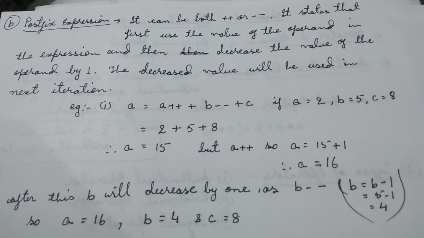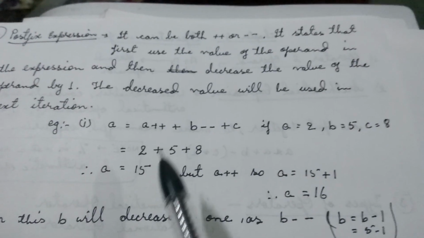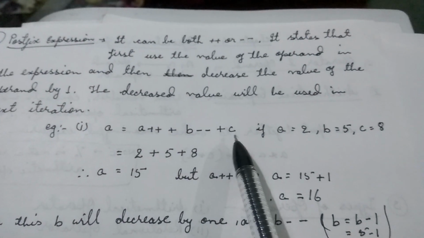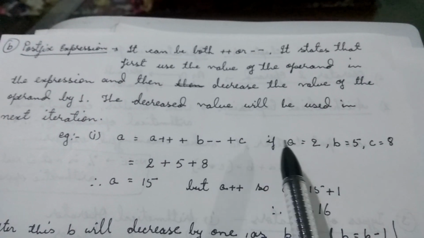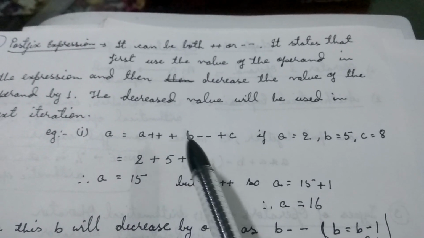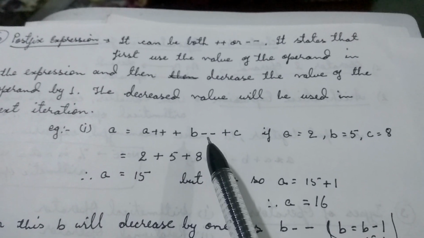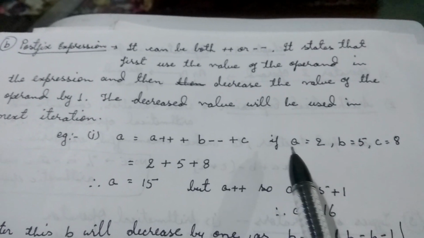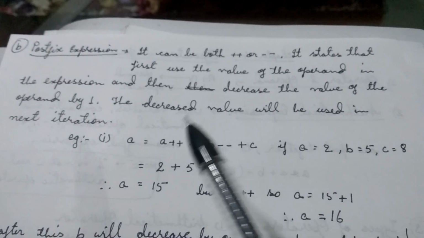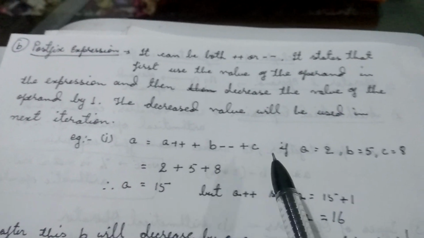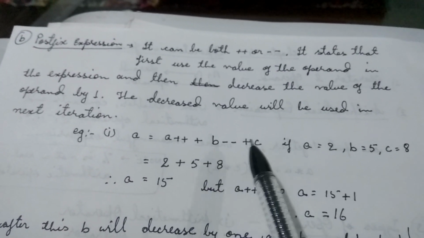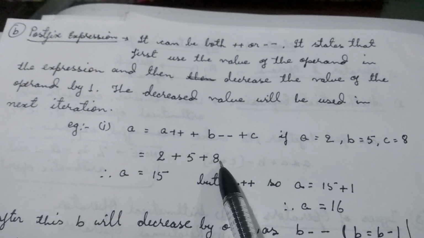Here we see one example, that is a equals a plus plus plus b minus minus plus c. This means a will be increased after its evaluation, and b will also be decreased after its evaluation. So if a equals 2, b equals 5 and c equals 8, then into the expression we first put the value of a as 2, b as 5 and c as 8.